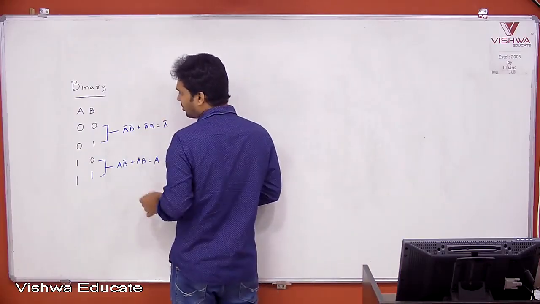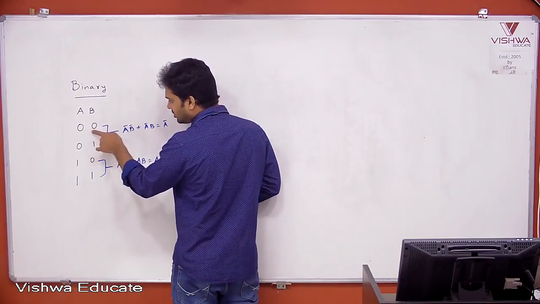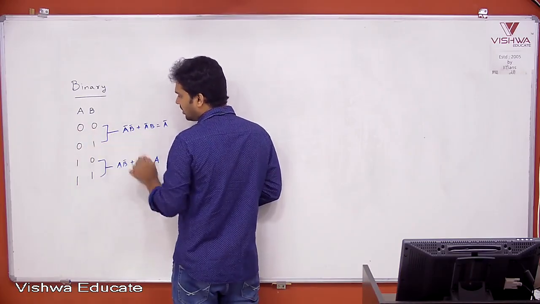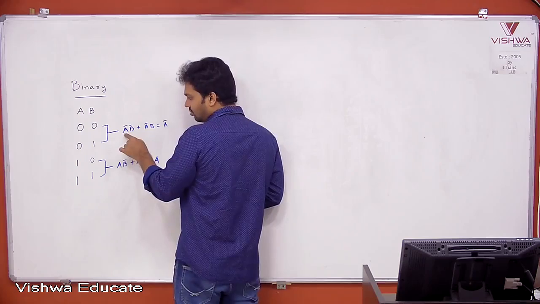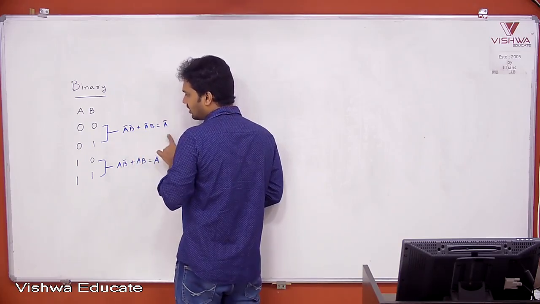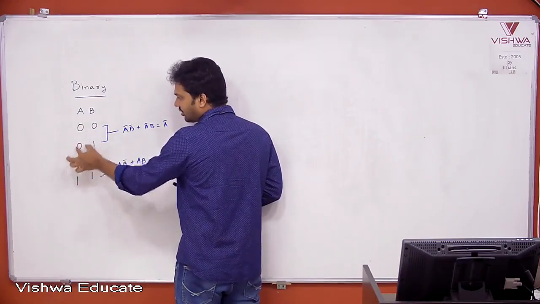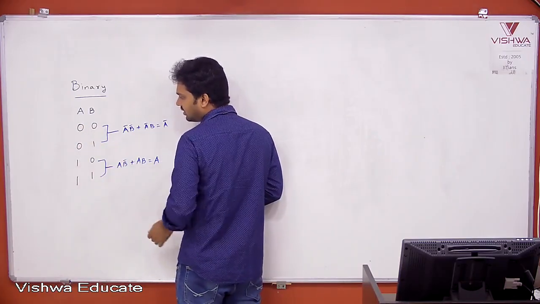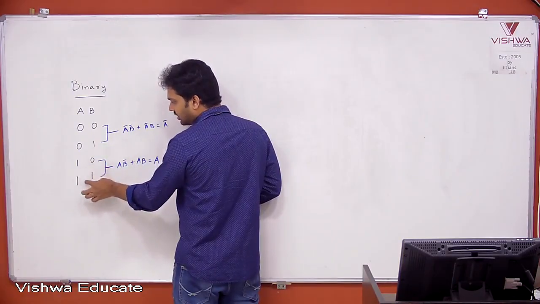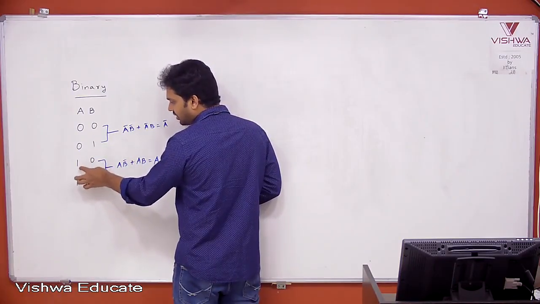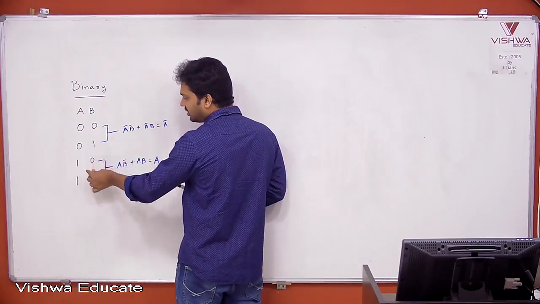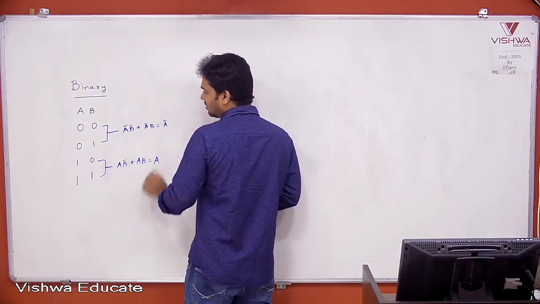When I am able to take common, for example between 0 0 and 0 1, we have taken 0 common, A bar, and B bar plus B, which is 1, we have neglected. Similarly, for 1 0 and 1 1, 1 is common, and you can neglect the 0 plus 1. So every time we can eliminate 0 plus 1 in this representation.